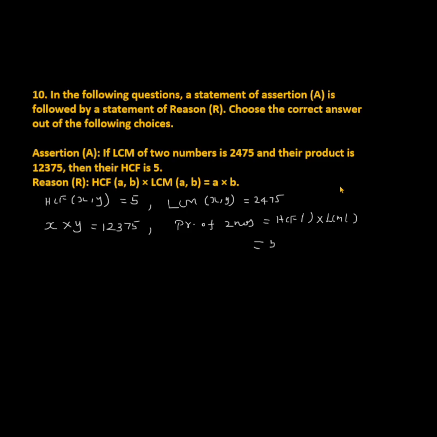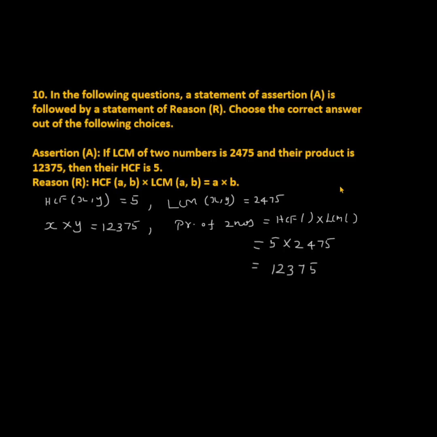We check 5 into 2475. When we multiply, 5 5s are 25, remaining 2, 5 7s are 35 plus 2 is 37, remaining 3, 5 4s are 20 plus 3 is 23, remaining 2, 5 2s are 10 plus 2 is 12. So the same 12,375 we are getting.